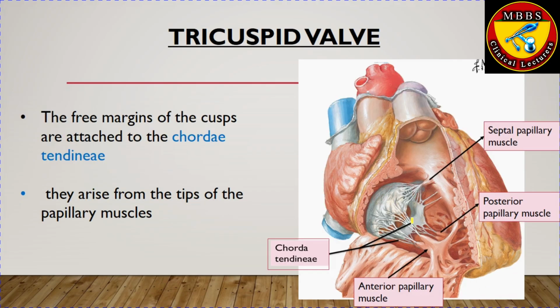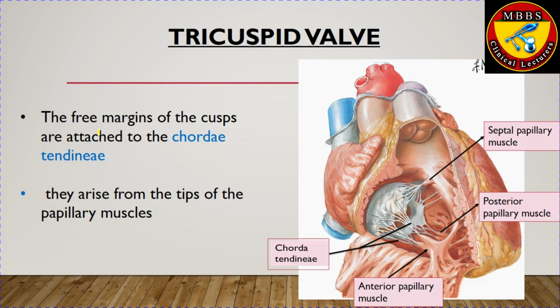So this is the figure in which you can observe that this is a period of ventricular relaxation, or you can say this is the period during which the ventricle is filling. You can see that valves are apart and the blood can flow through the orifice. The orifice is guarded by the tricuspid valve, and right now the valve is open. So the valve cusps project into the lumen of the ventricle.